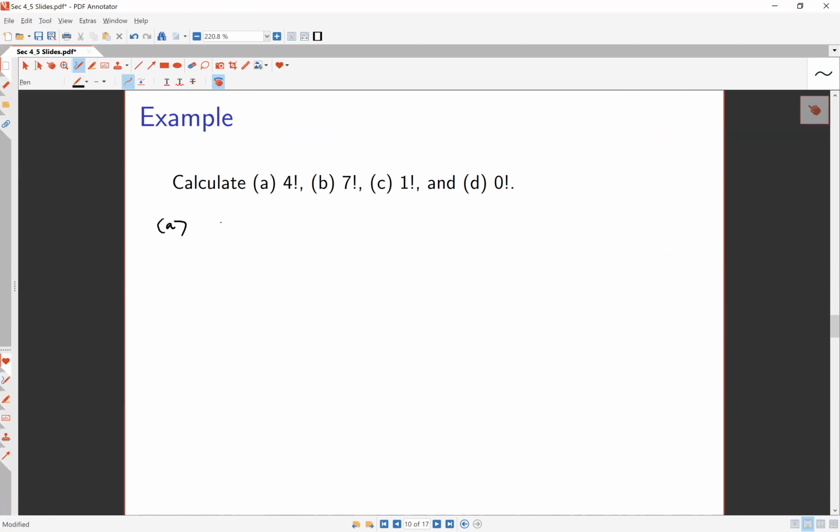Say I ask you to calculate 4 factorial. That would mean 4 times 3 times 2 times 1, and if you multiply this together, it's 24. Or if I ask you for 7 factorial, it would be 7 times 6 times 5 times 4 times 3 times 2 times 1.